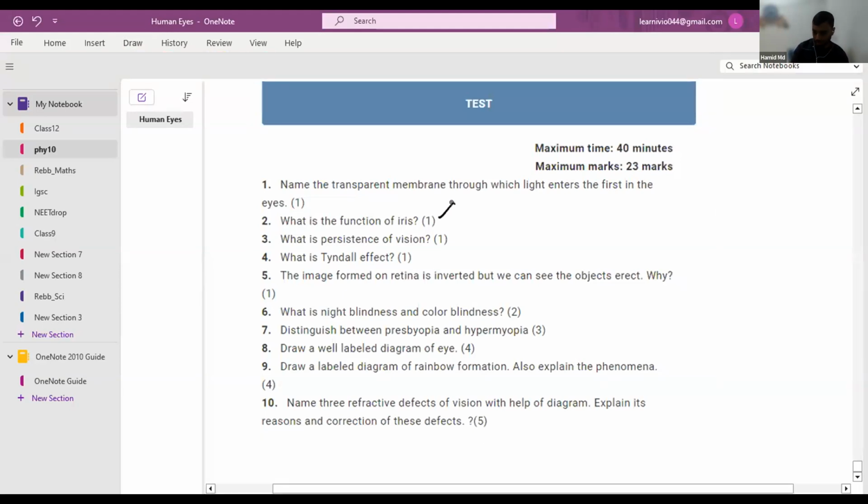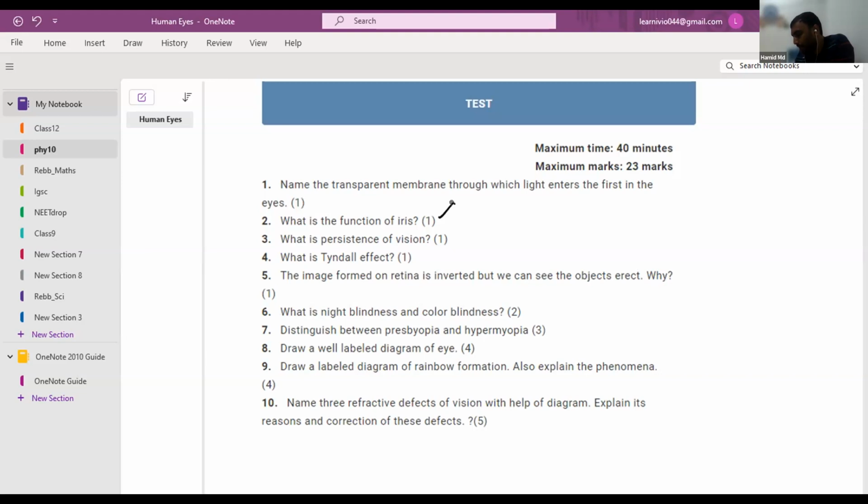So answer this. This is the black part of the eyes that controls the intensity of light, how much light should get inside the eyes. Yes, sir. You have to answer.